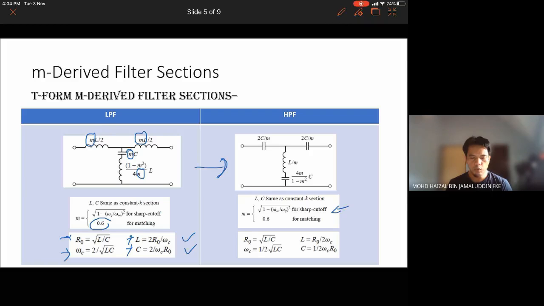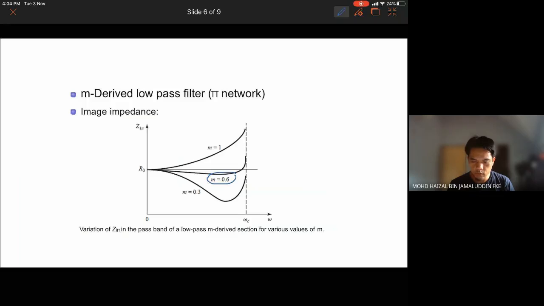When we put the value of m, for example here in the pi network, never mind, I think the T or pi network is almost the same. We can see here that when m equals 0.6, it is almost near R0. That's why m equal to 0.6 is chosen for matching.